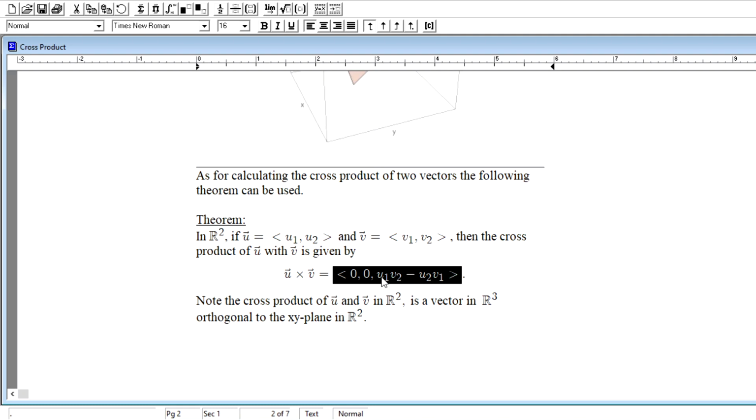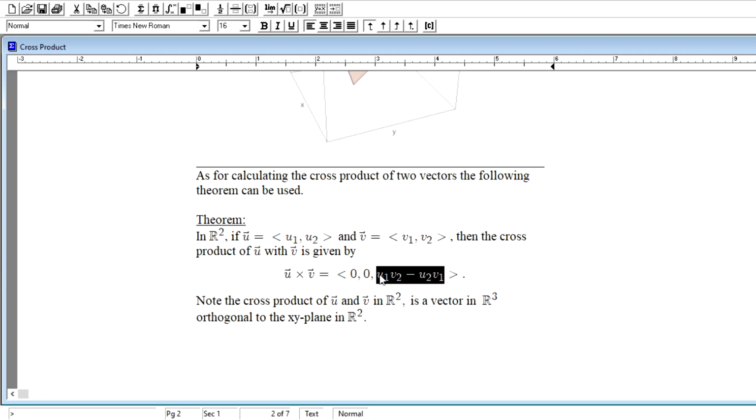Now that direction orthogonal to the xy plane, where these two vectors exist, does not have a description with respect to x or with respect to y. That description is solely with respect to the direction highlighted by the z component here, where the magnitude we can see is going to be given by u1 times v2 minus u2 times v1, right?